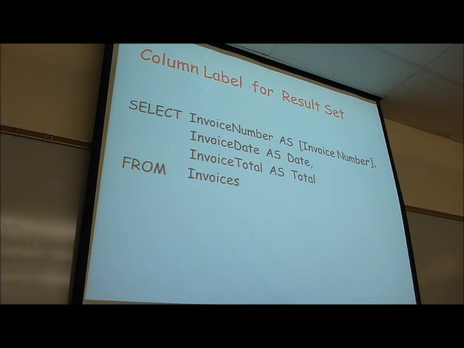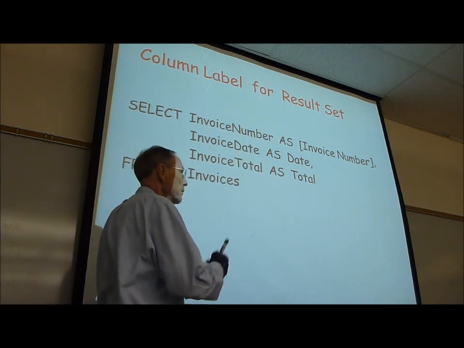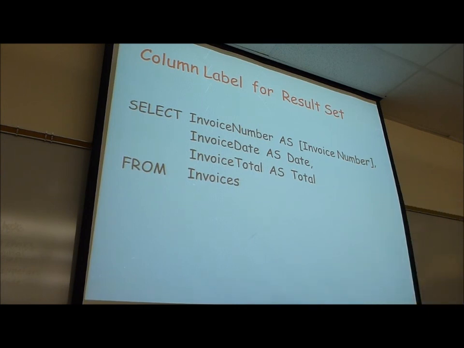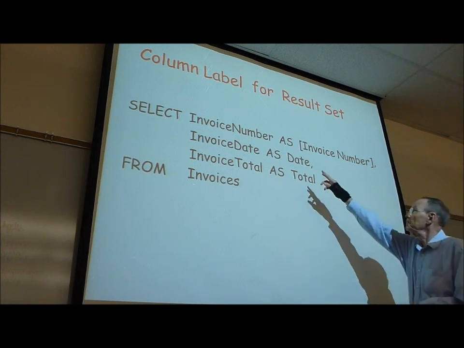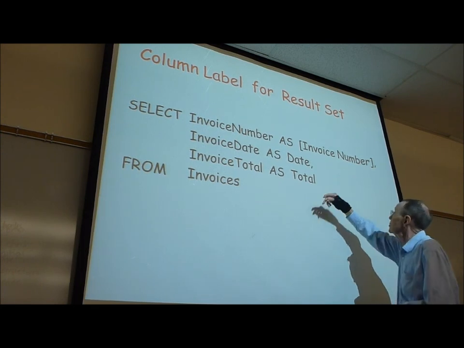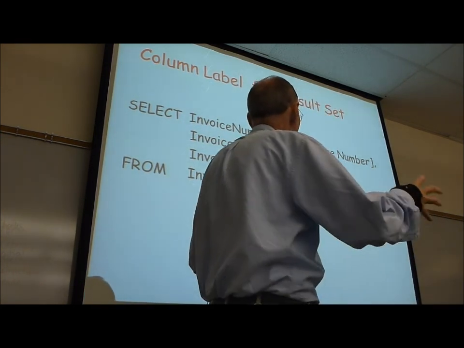So the first example here is invoice number. You'll note that in the AP database, they kind of run the words together. If you look in the company database, they have lots of things with underscores. Those are pretty ugly for display. So in this case, what I'd like to do with invoice number is have my label show up as invoice, with a space in there, and then number.